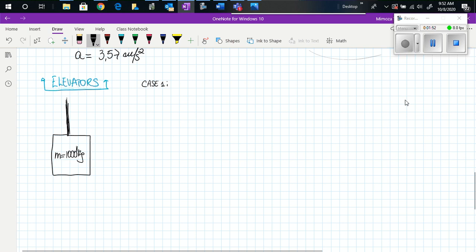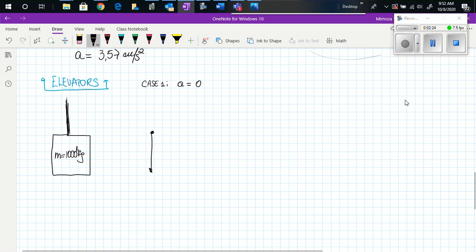Then as you keep going up or down, you feel like the elevator is not even moving, because you are part of the elevator and it is going at constant speed. Constant speed or constant velocity means that the acceleration of the object is equal to 0. So the free body diagram in this case will be something like this.